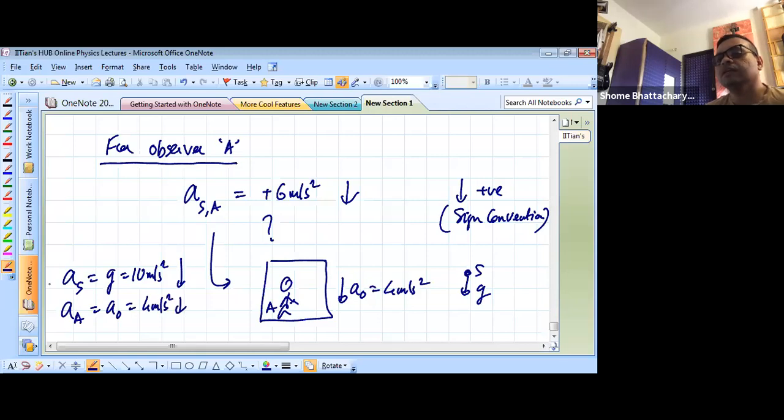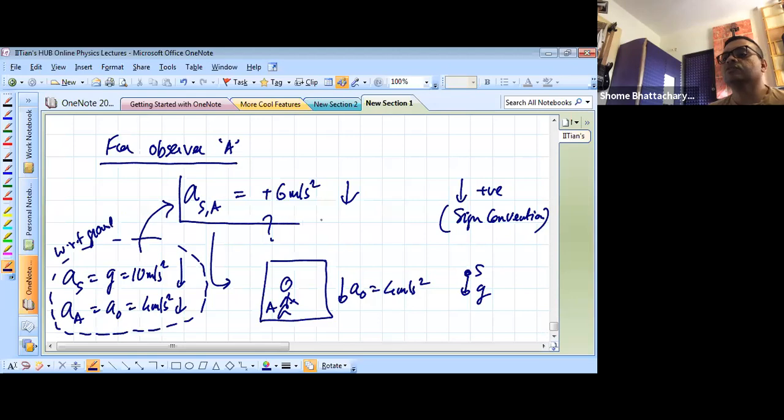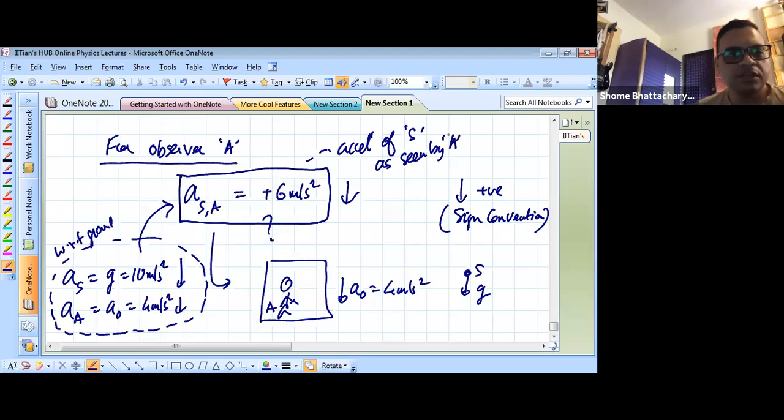So from this data, I'm getting this. This is with respect to ground. So this becomes the acceleration of the screw as seen by the observer. Okay. Is this point clear to all of you?